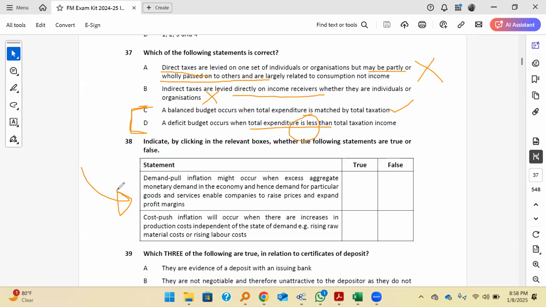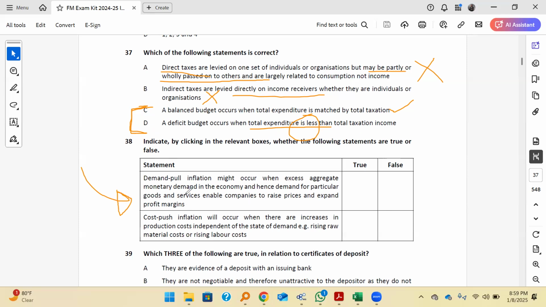So we said that demand pull inflation might occur when excess aggregate monetary demand in the economy and hence demand for particular goods and services enables companies to raise price and expand profit margins. So what I said last time was that if demand increases for something, then people can increase prices, and that causes inflation. And that's what they're saying here.